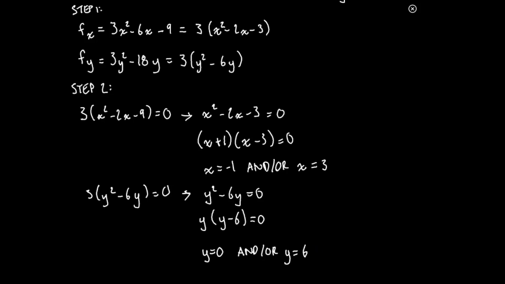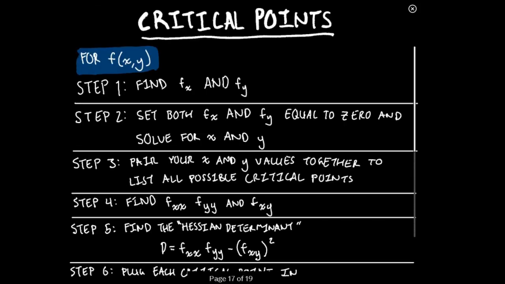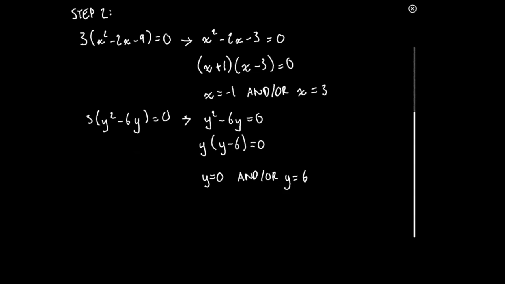All right. So let's move on to step 3 now that we have all of the different possibilities for the different variables. Step 3, pair your x and y values together to list all the possible critical points. Okay. So what does that mean?